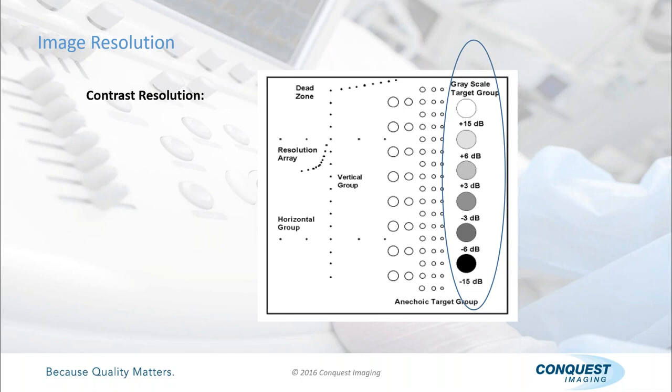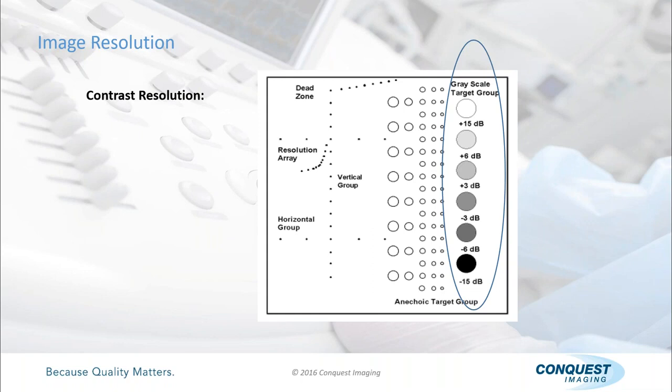And they're very close. It says in the definition of contrast down to 3 decibels. And you can see it starts at the top with 15, and then 6, then 3, then -3, -6, and -15. What does a positive and negative indicate? Did anybody have any ideas on that? Why positive and negative? Yeah, absolutely.